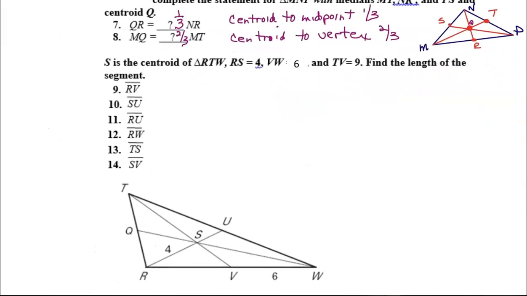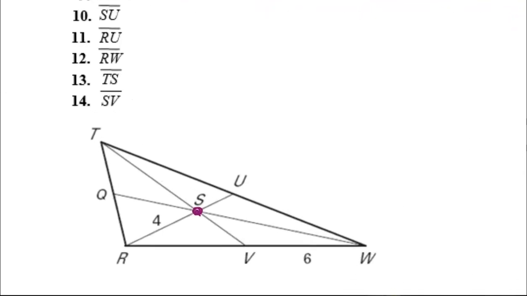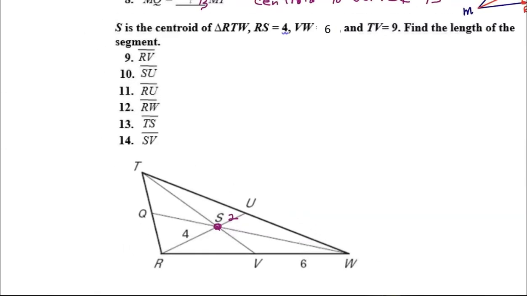Okay, so let's see what we have here. S is the centroid. Let's try to decorate this as much as possible. So they told me that RS is 4. So what I know right away is that SU has to be 2. Then they told me that VW is 6. Okay, if that's 6, then because these are midpoints, I know that RV is 6.